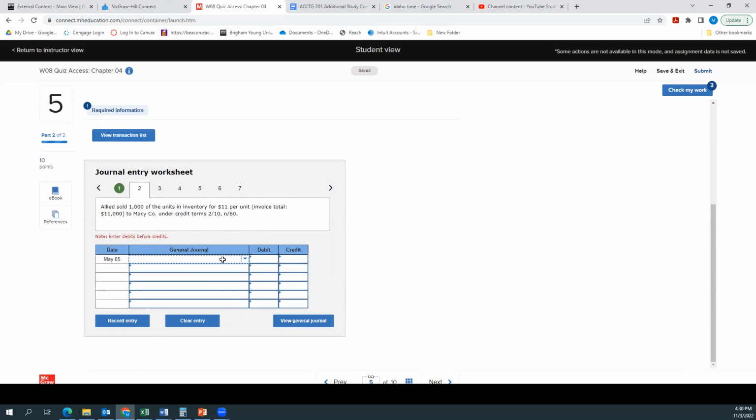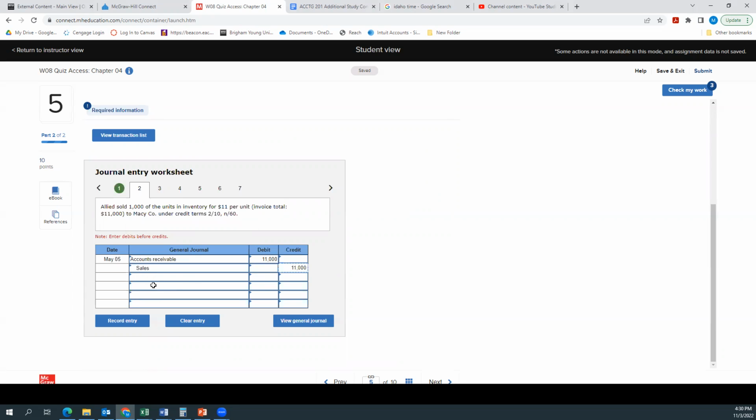So typically the way we do that is we do one journal entry for what the customer pays us. Was it cash? What did it say? No, it's accounts receivable of $11,000. So that means the customer owes us. And then our revenue would probably be something like sales, just sales. That's what they call it on this one. Sometimes they'll say sales revenue. So that's for the amount the customer paid us.